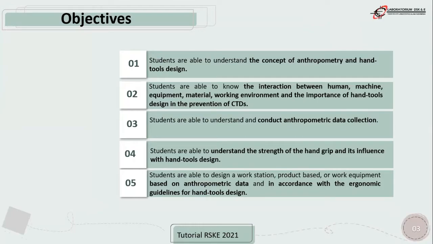Next, you can understand the strength of the hand grip and its influence on Handel's design. And last, you will be able to design a workstation or work equipment based on anthropometric data and in accordance with the ergonomic guidelines for Handel's design.